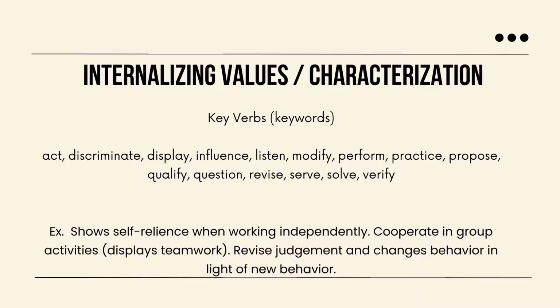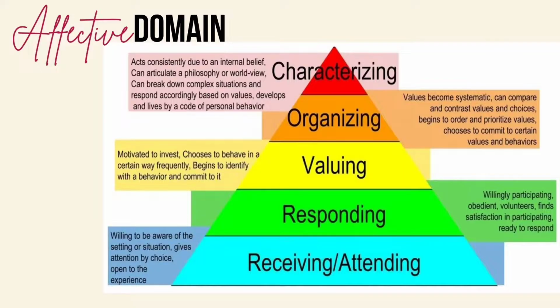We can use these illustrative verbs in constructing our learning outcomes such as act, discriminate, display, influence, listen, modify, perform, practice, and etc. Once again, the cognitive domain develops students' cognitive abilities, whereas the affective domain develops students' behavior and attitudes.